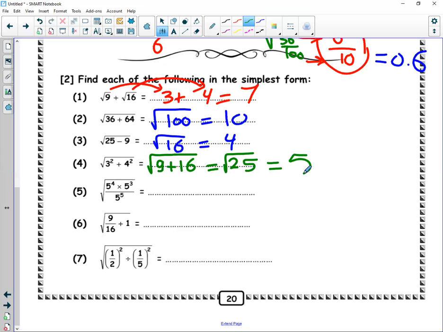Before solving each number, we will use the property of power. Who can tell me the property of power in this question? Five with power 4 and 5 with power 3.